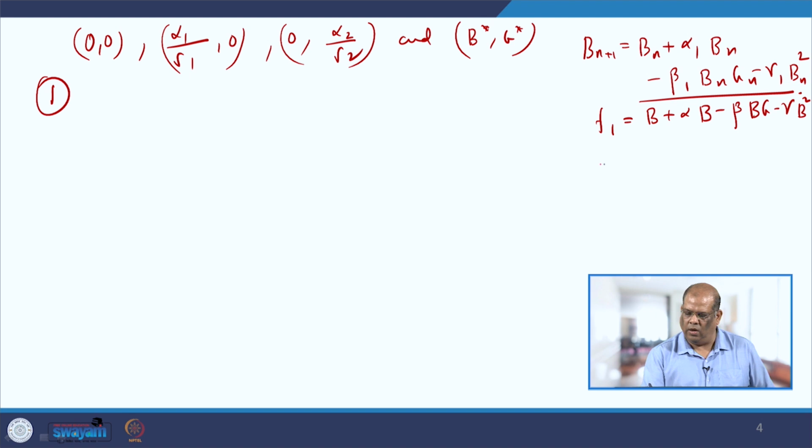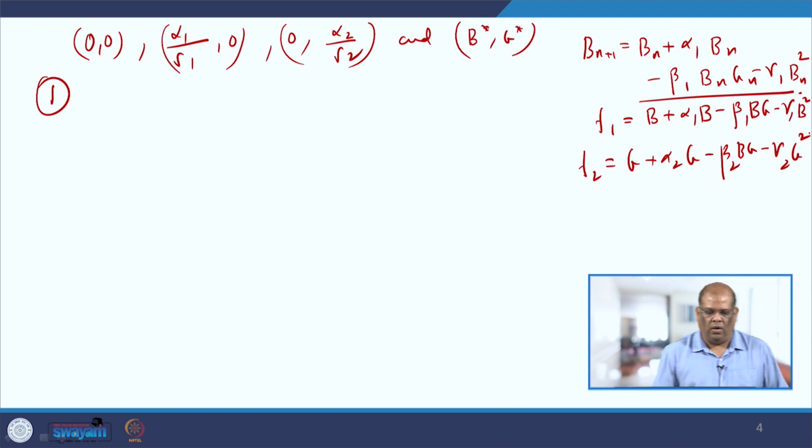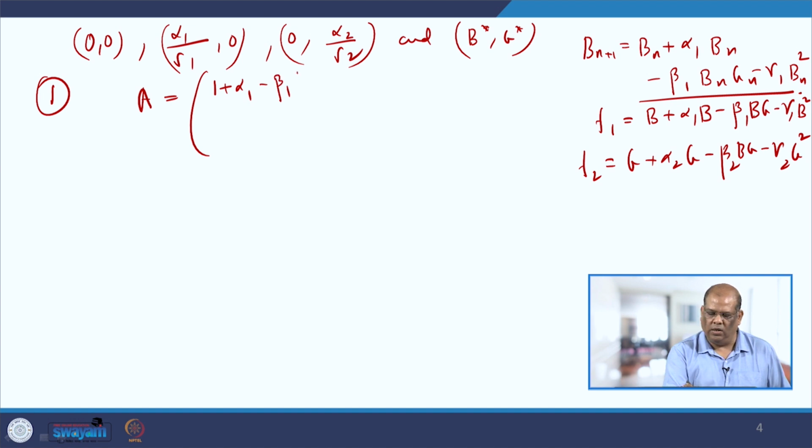Similarly, your f2 is going to be g plus alpha 2 g minus beta 2 bg minus gamma 2 g square. So, the coefficient matrix is going to be, so I differentiate with respect to b, 1 plus alpha 1 minus beta 1 g minus 2 gamma 1 b at the equilibrium point.